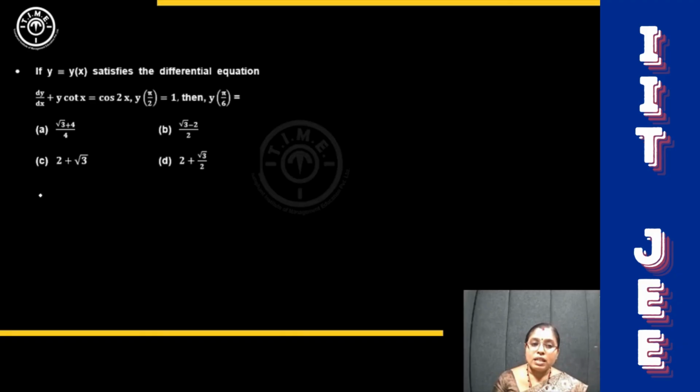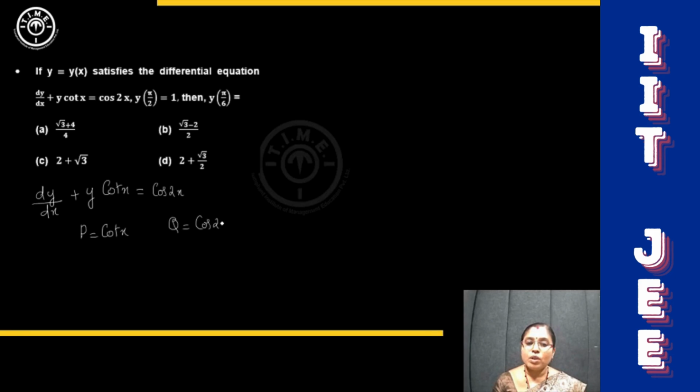So given that dy by dx plus y cot x equals cos 2x. Identifying p and q, here p is cot x and q is cos 2x.